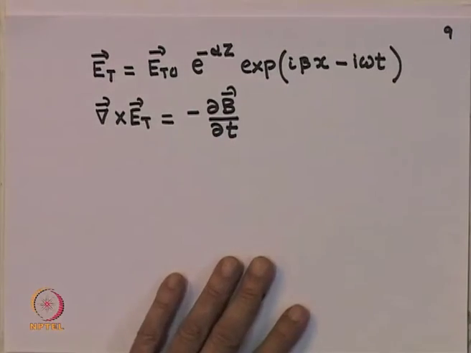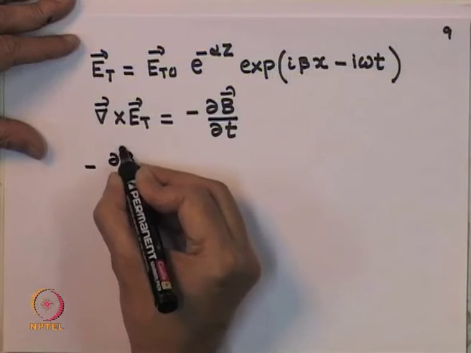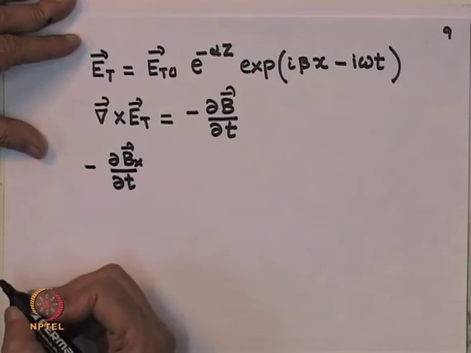So, as a result, let me take what is dB_x by dt. I am working out the x component of this. So, minus dB_x by dt, I will just work out one, you can work out the remaining.